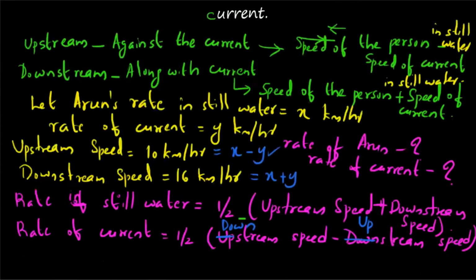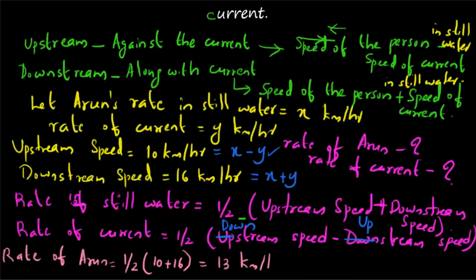So now let's try to apply it here. So here the rate of Arun will be equal to half into what is upstream speed? 10. So 10 plus 16, which is equal to 26. So 26 divided by 2 is equal to 13 km per hour. And what is rate of current?